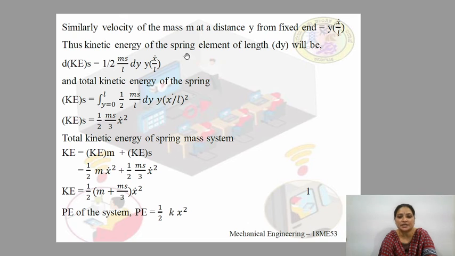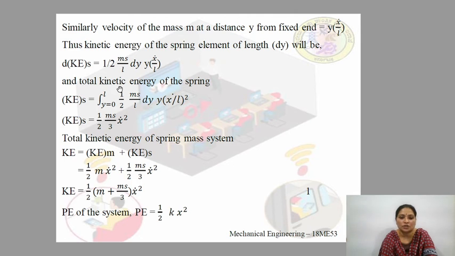The kinetic energy of the spring element of length dy will be, kinetic energy is equal to half m v square. So here we have half m, the mass of the spring element, that is ms into dy by L, and the velocity v is y into x dot by L, whole square.